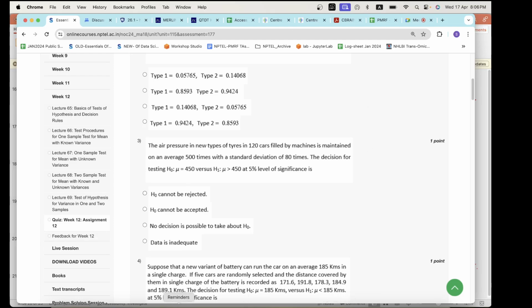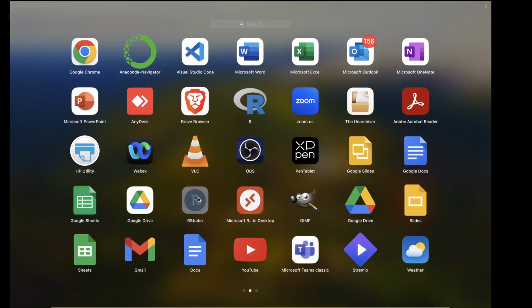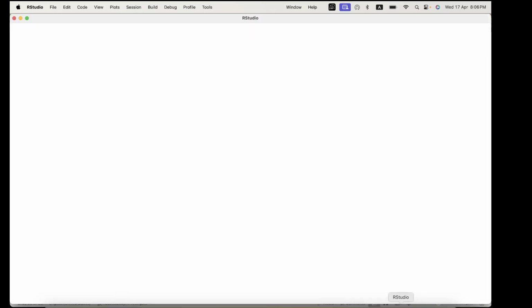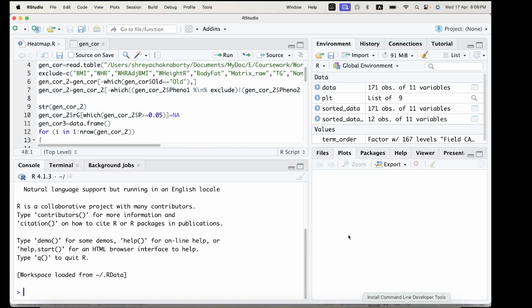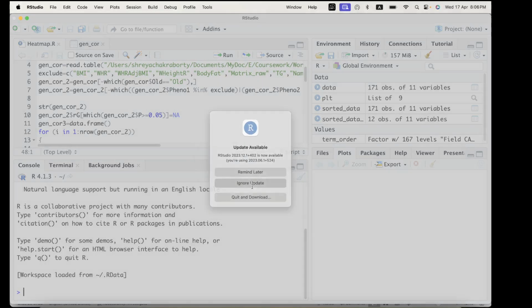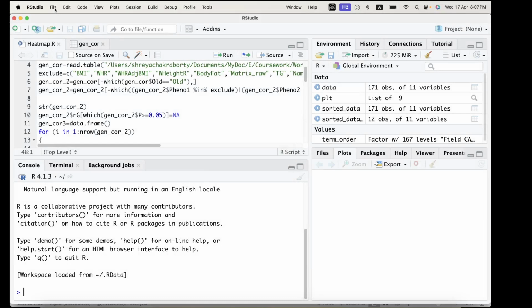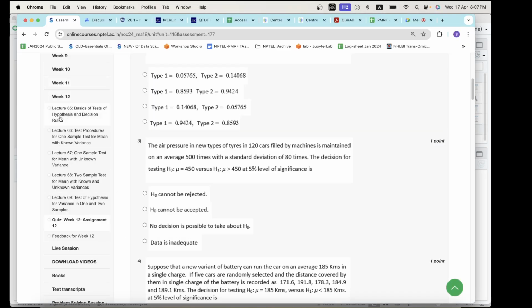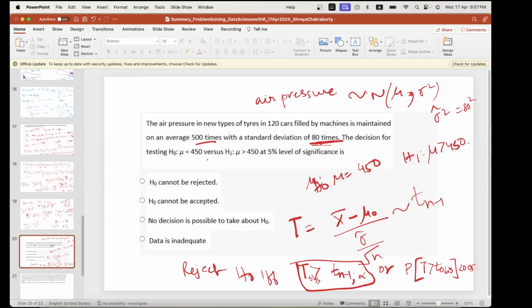So let me open R. What do we have here? Here we have t n minus 1, alpha. N is 120.